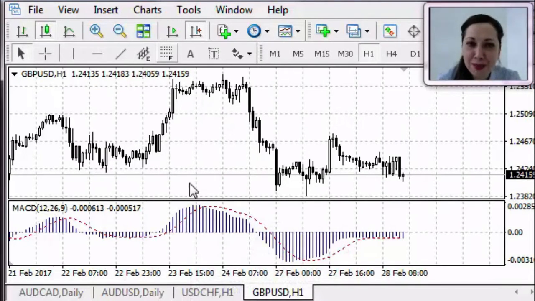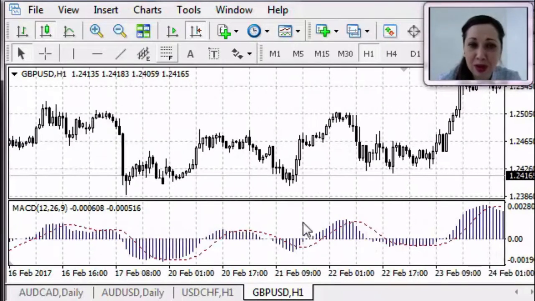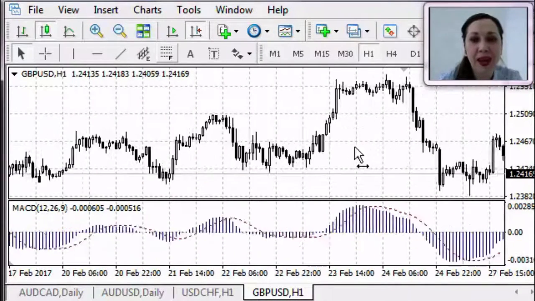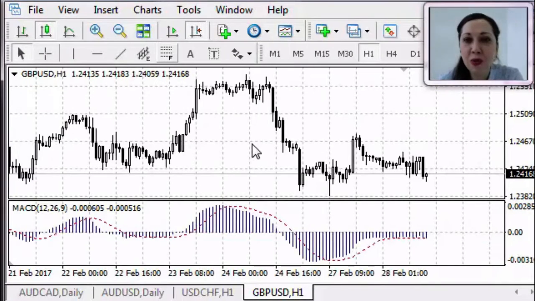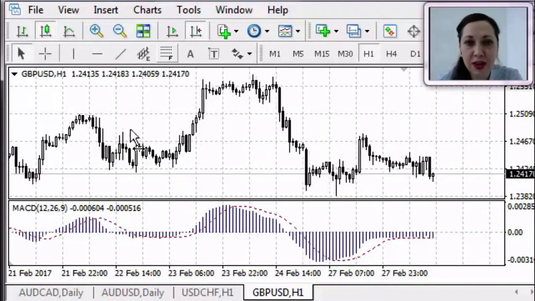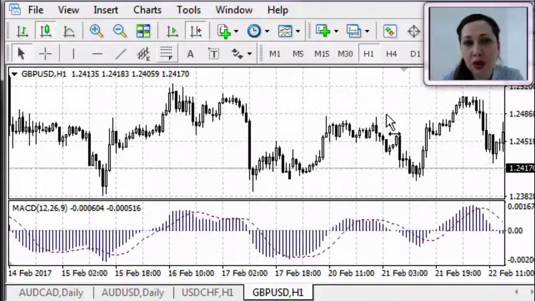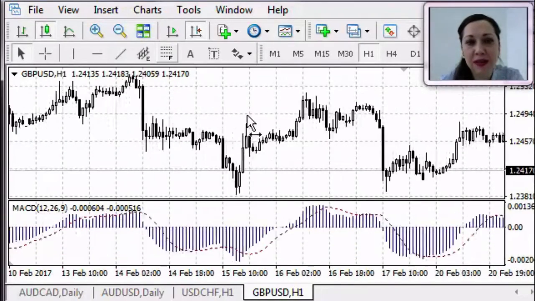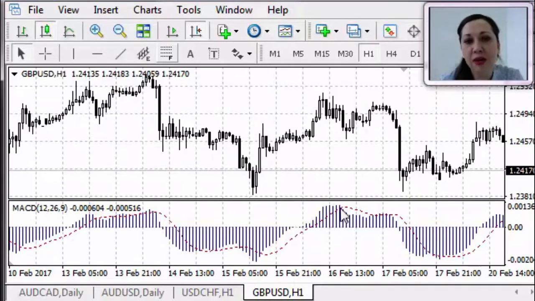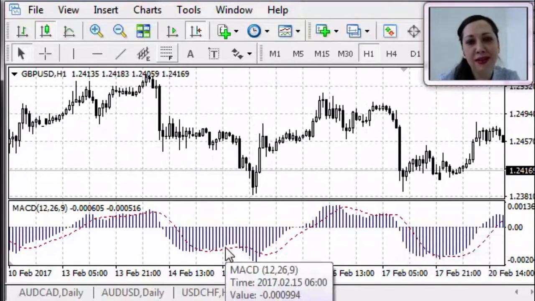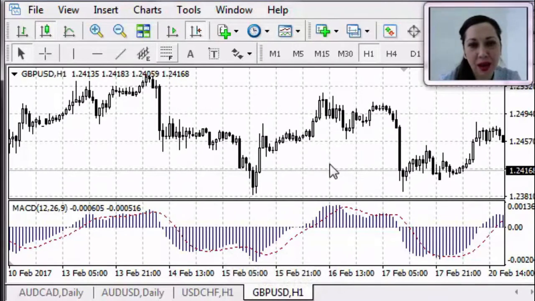This is important because it can be above zero for a short period of time, which doesn't tell you that it's an upward or downward trend. And if it is below zero for a sustained period of time, it is a downward trend. So we can see a good example of sustained appearance below and above zero.